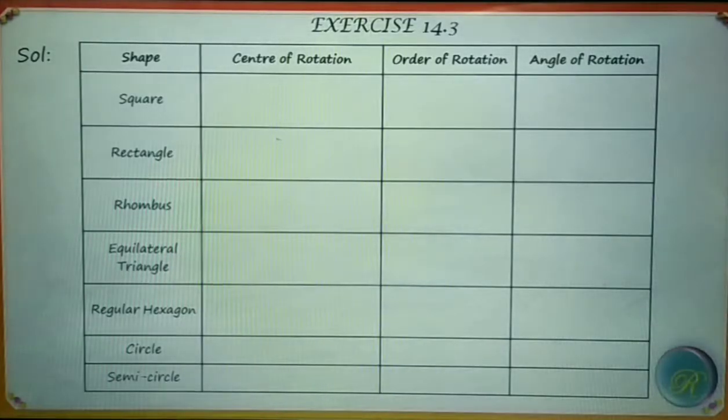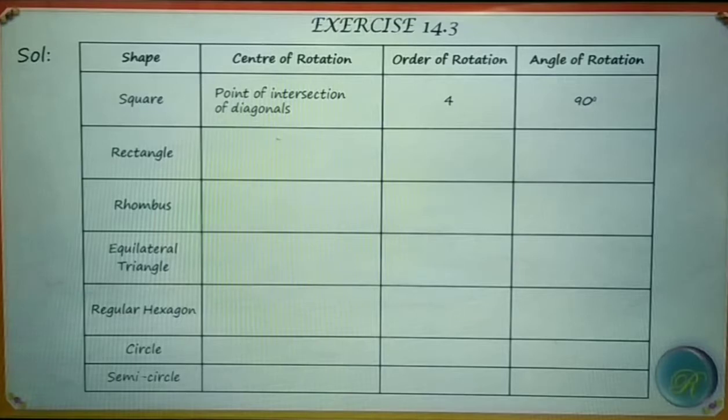For square, what is the center of rotation? Point of intersection of diagonals. What about order of rotation? 4. Angle of rotation, 90 degree.